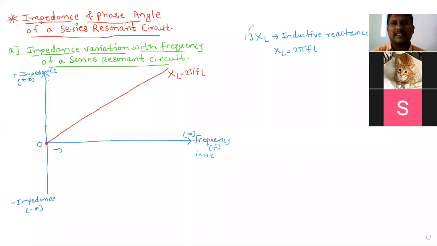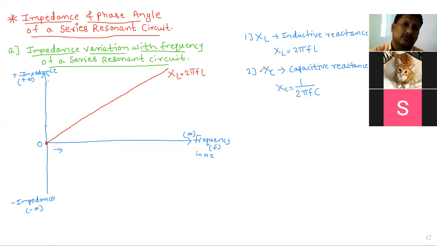Now next, the second thing, XC. XC is called the capacitive reactance or capacitive impedance. What is the formula of XC? 1 upon 2 pi F into C. If F is 0, XC is infinite.